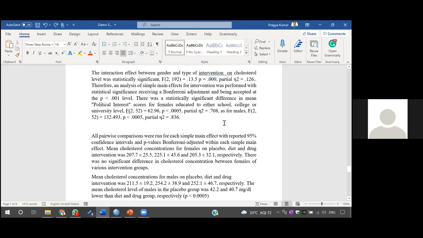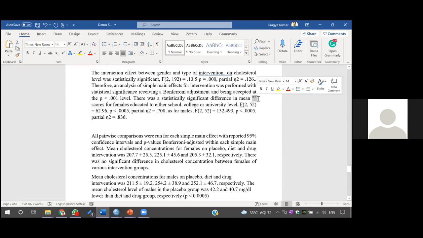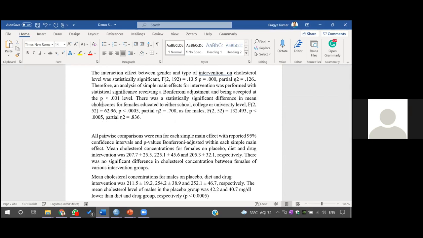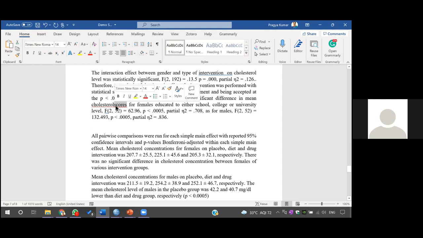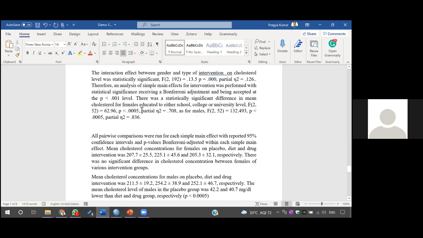There was a statistically significant difference in the mean cholesterol for females. This was not for the education, but this was for the gender.